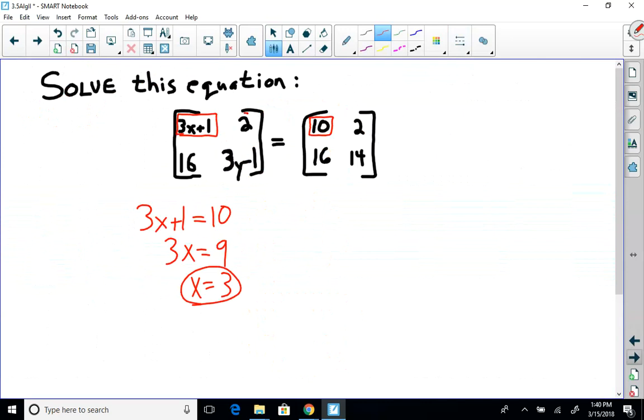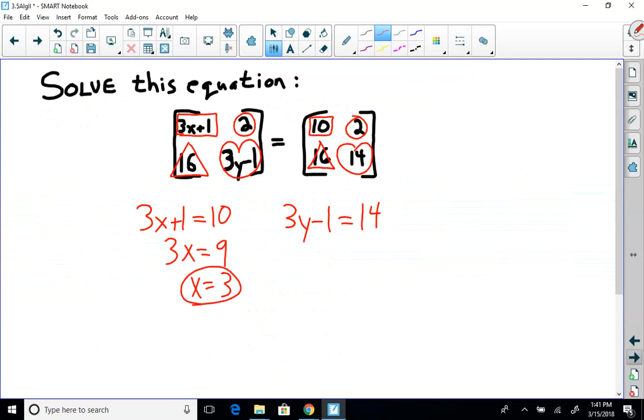Of course, 2 is equal to 2. That doesn't help us solve this matrix equation, but it is a fact. 16 would be equal to 16. And the next piece that we're really interested in, 3y minus 1 would have to equal 14.